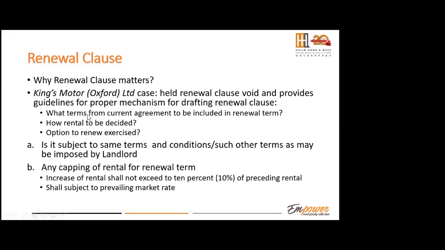So there are 3 things here: what terms from the current agreement are to be included in the renewal terms, how the rental is to be decided, and the option to renew exercise. So ABC, I have made it in ABC. The first thing: for your renewal term, that means 3+3 or 2+2, the later 2 or later 3, whether they will be subject to the same clauses and conditions or such other terms.